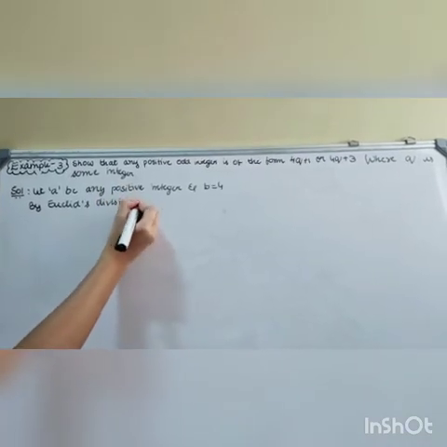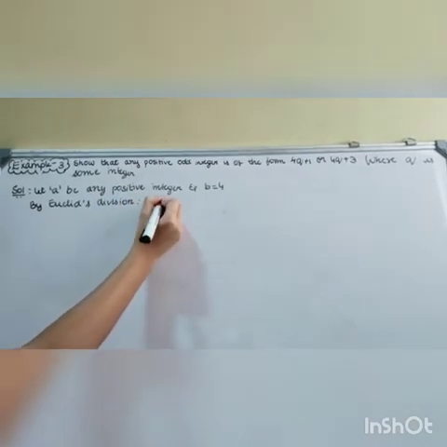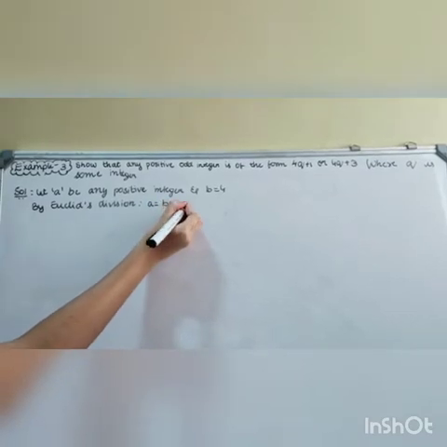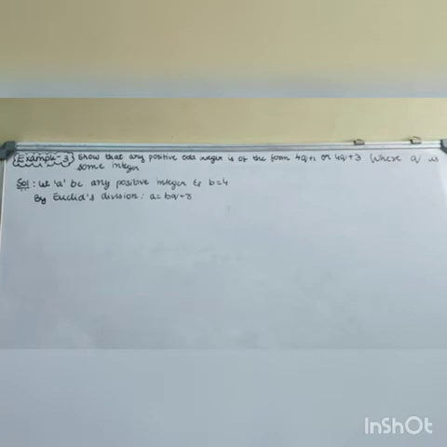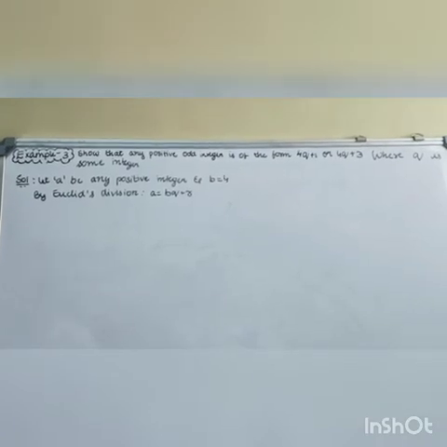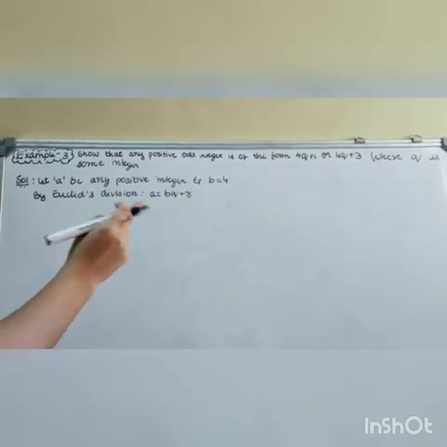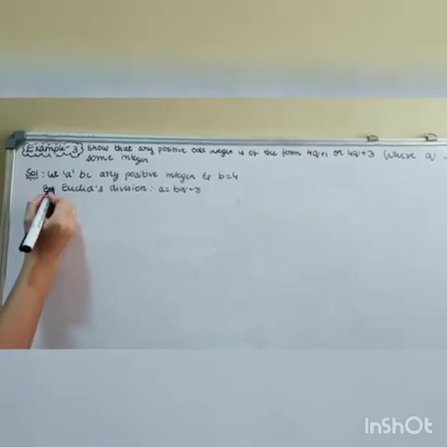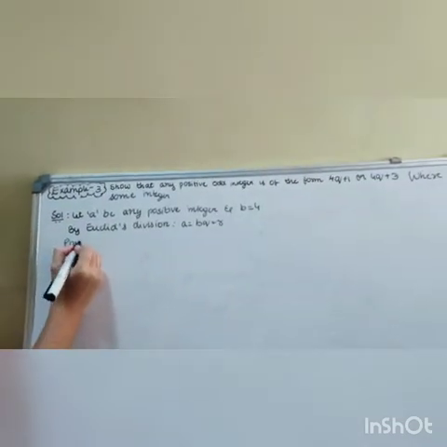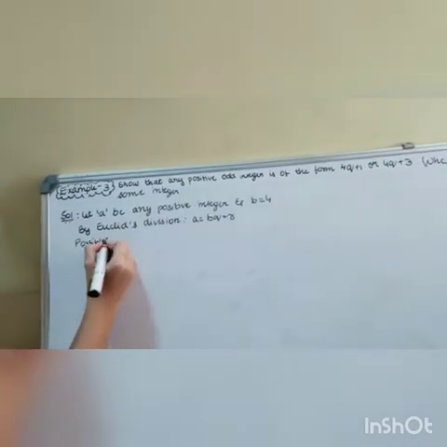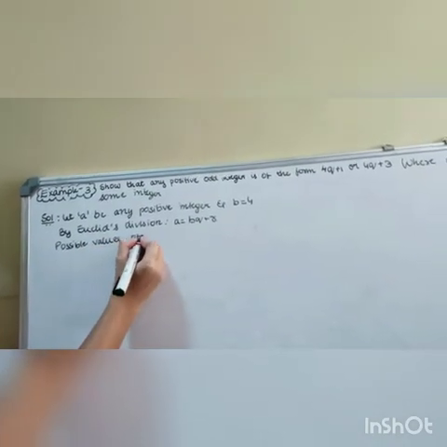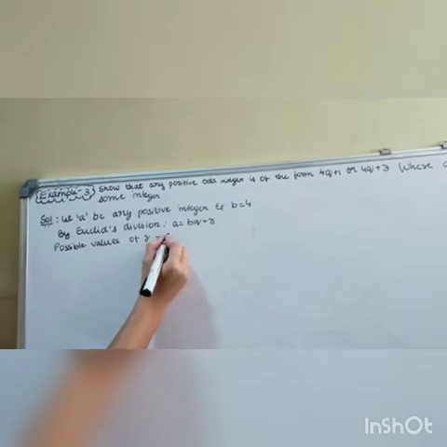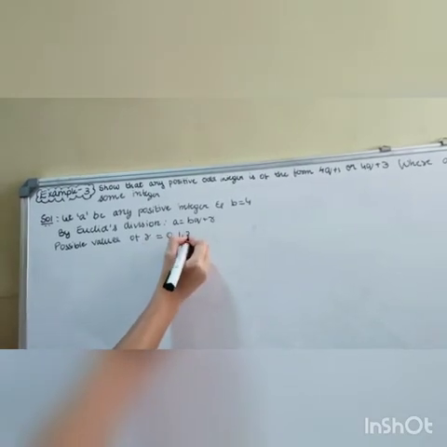So Euclid's division is nothing but a = bq + r, where r is equal to 0, or more than 0 but less than b. So here b is 4, so the possible values of r are 0, 1, 2, 3.